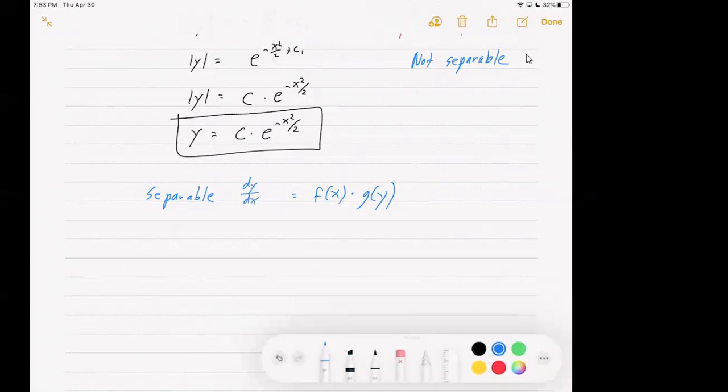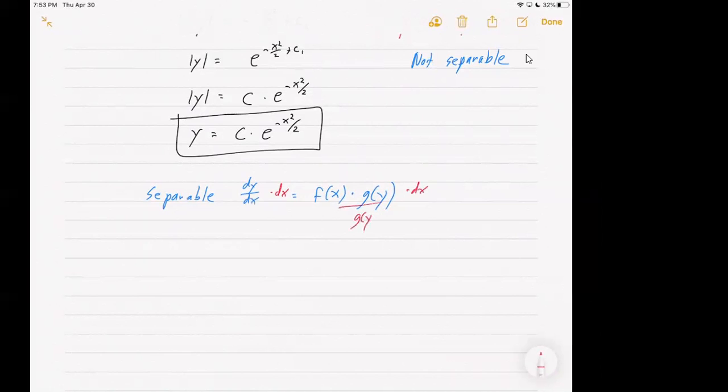So we could multiply both sides by dx and divide both sides by g of y. And we'll end up with dy over g of y equals f of x dx.